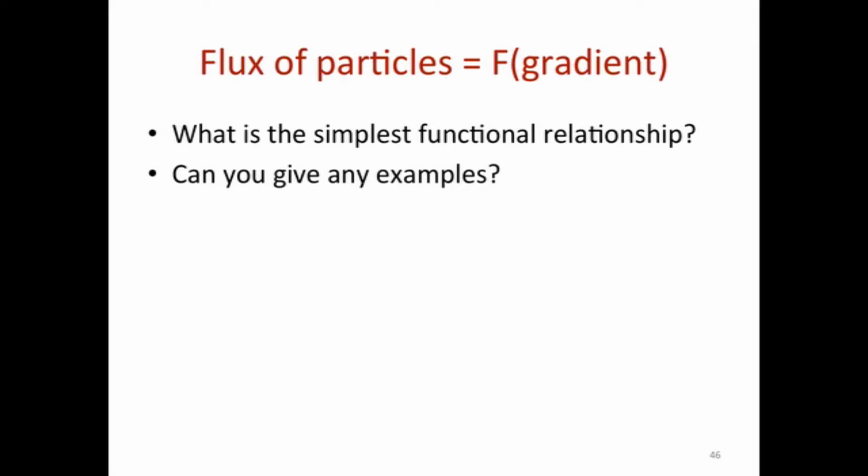So what is the simplest functional relationship that humans can come up with? Constant things. That's not going to move anything anyway. We're not going to get to equilibrium. Beyond constant, linear. So yes, it's true that the simplest one is the constant, but that's not going to solve our problem. Linear is one of the simpler relationships.